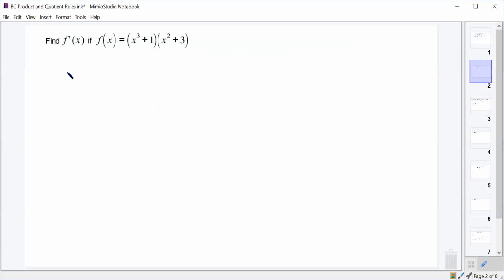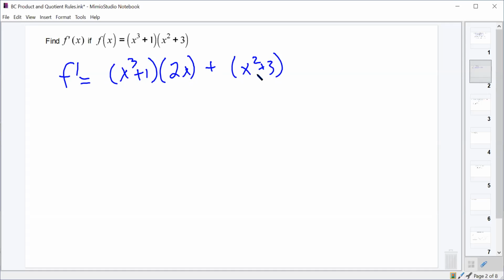We should start with u, and then the derivative of v, which is what? Should be 2x, good, and then plus our v, x squared plus 3, times our derivative of u, which is 3x squared. And as far as I'm concerned, that's a good enough answer.